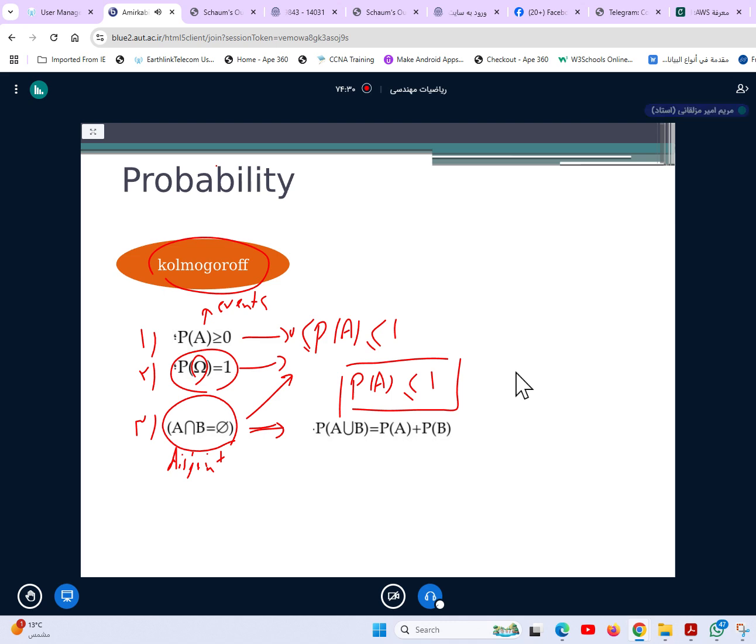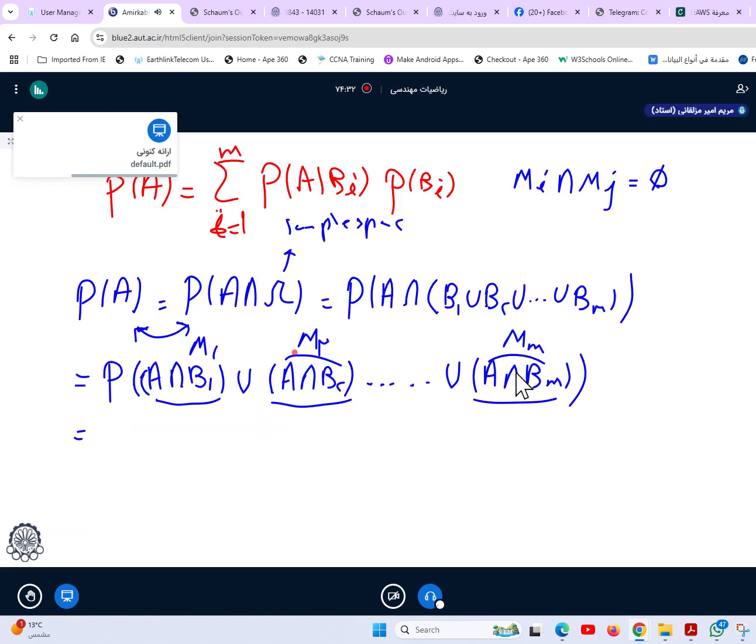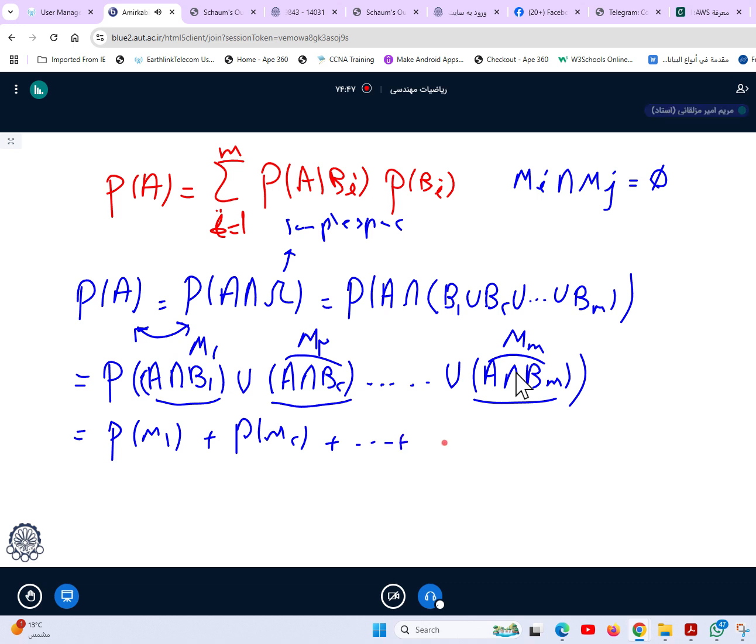So here we have M1, M2 to Mm, that their intersection is empty. So the probability of union of them is equal to probability of M1 plus probability of M2 to probability of Mm.